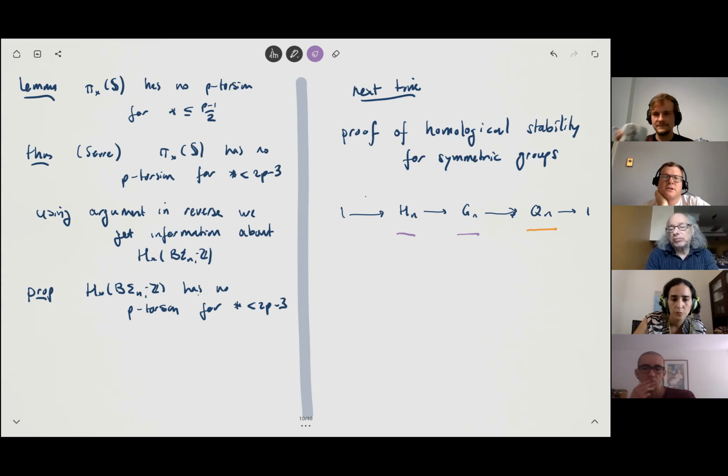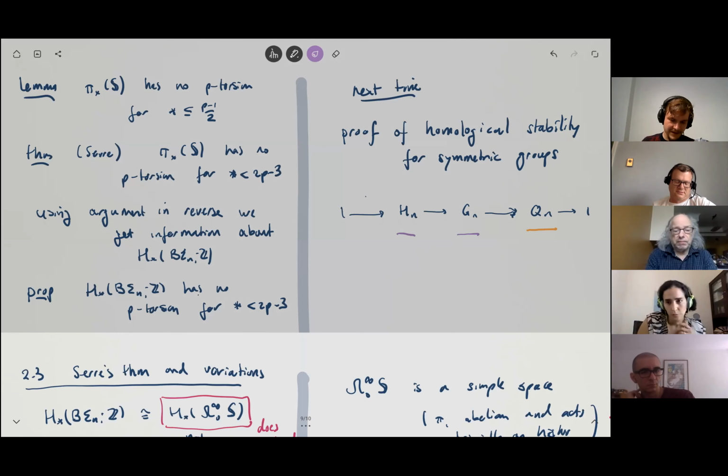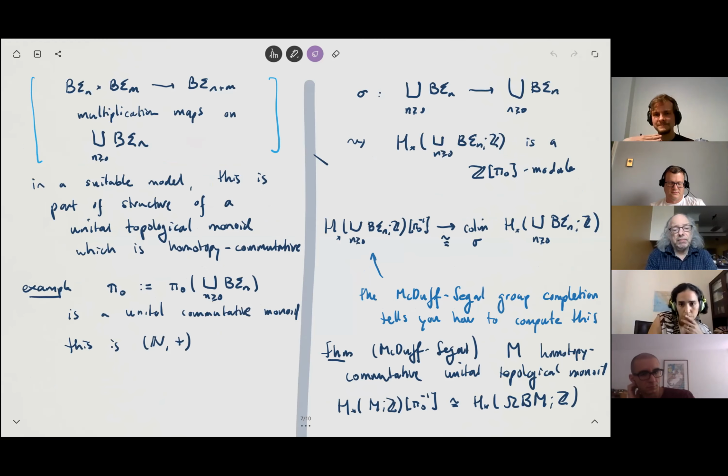My other question was, is there a role for higher structure, in the sense of products or homology operations or something like that, in all of this? Yeah, so I'll talk about that in the last lecture. Okay, that's fine. Yes, the answer is that you can already see that maybe appearing in this application of the group completion theorem.